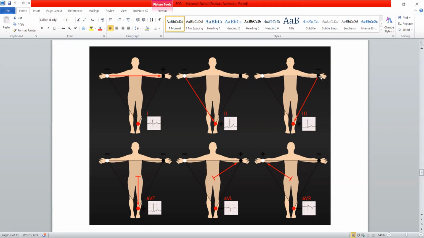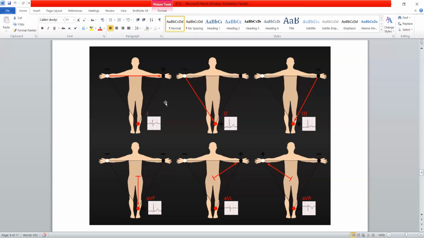I'll just repeat it. Lead 1 has a positive terminal on the left arm and negative on the right arm. Lead 2 has a positive terminal on the left foot and negative on the right arm. Lead 3 has a positive terminal on the foot and negative on the left arm.